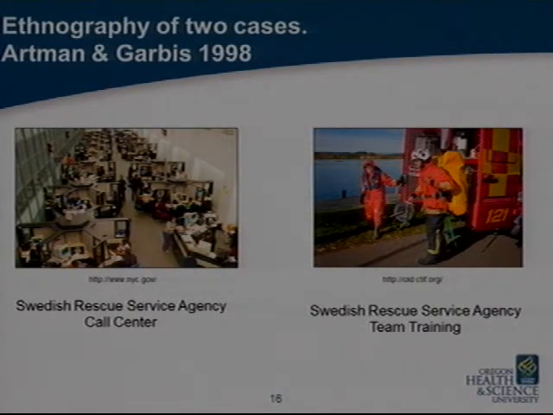Now, Artman and Garbis originally proposed this notion of distributed situational awareness by looking at a Swedish emergency call center. One of those pictures is actually not from a Swedish center, but from the New York center, but I thought it was a nice visual. At the center, they looked at two case studies. In one, there are two operators.